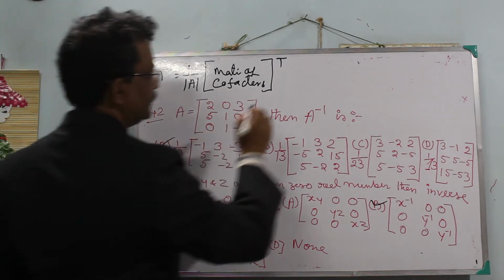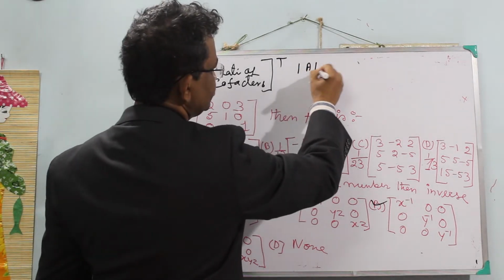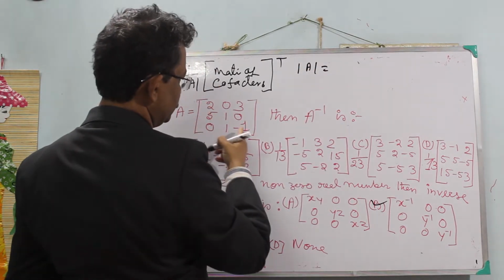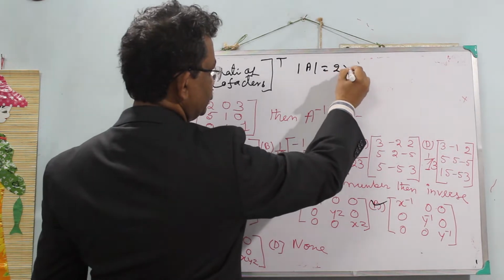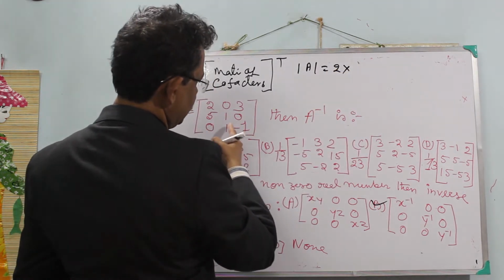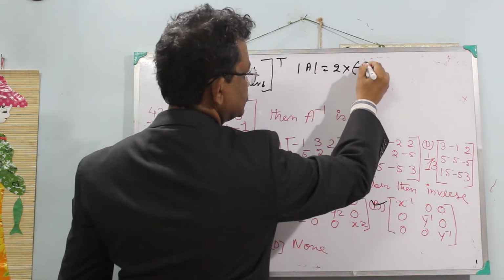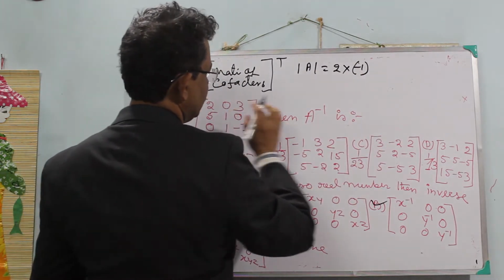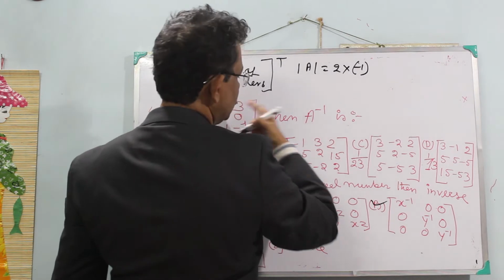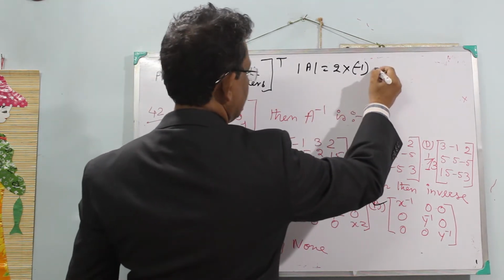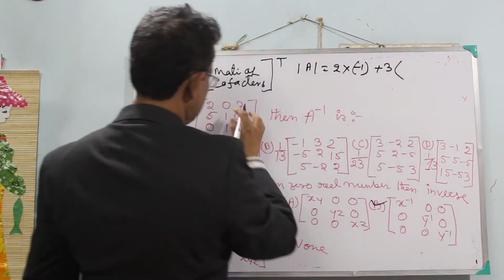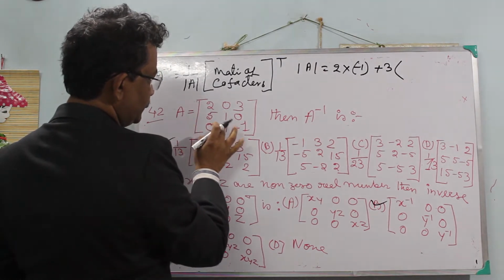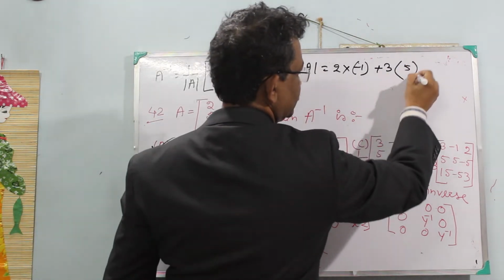So for the determinant, 2 into minus 1, then 0, we may ignore 0, 3 minus 0, that is 0, plus 3 into 5 minus 0, that means 5.